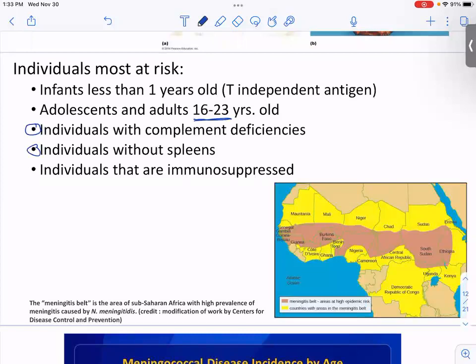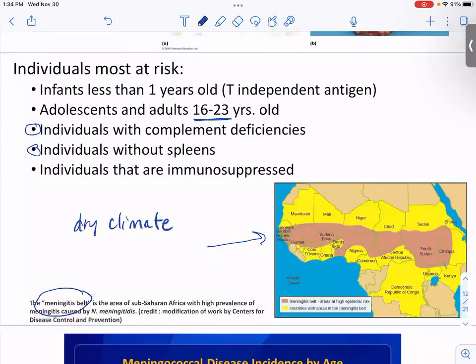Also, interestingly enough, there's this meningitis belt in sub-Saharan Africa, where incidence of meningococcal meningitis is much higher. They're not really sure why that is. You could blame the climate, dry climate perhaps, because the cases are seasonal.